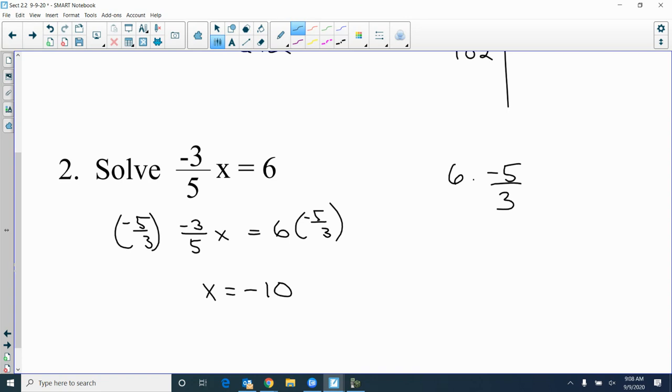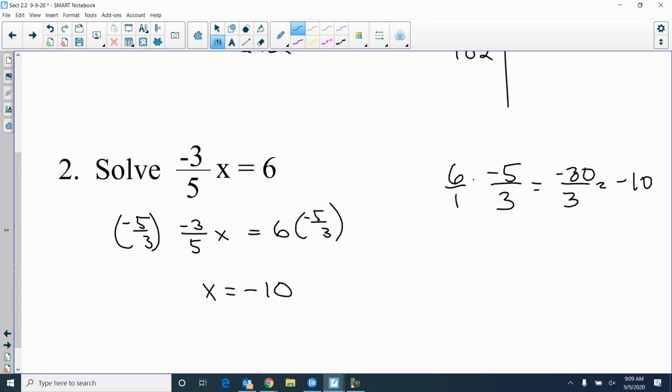This is what we're doing in seventh grade math. You make it 6 and then the line and then 1. Okay, you make it 6 over 1, so there's a whole number, you make it 6 over 1, but then how do I finish that, Josh, do you know? And then you just multiply across. Multiply straight across. So 6 times negative 5 is negative 30, 1 times 3 is 3, negative 30 divided by 3 is negative 10.